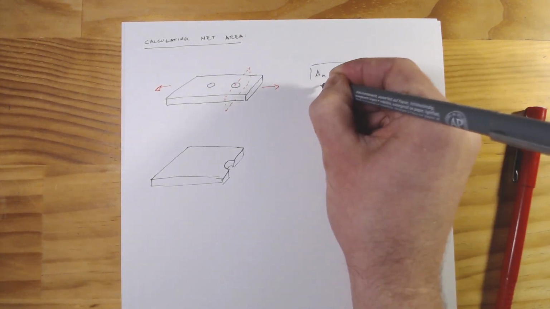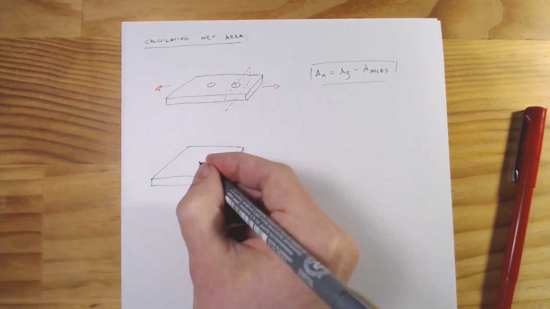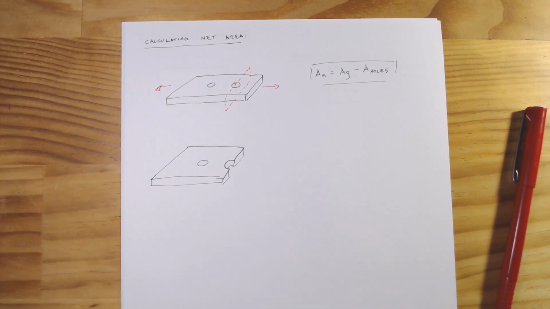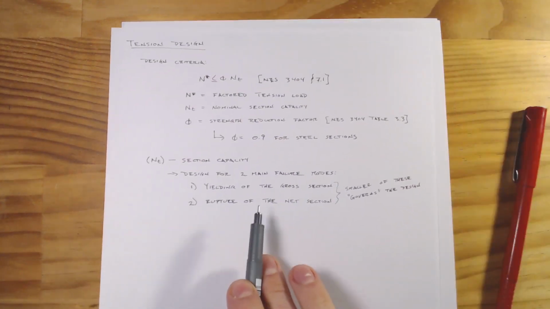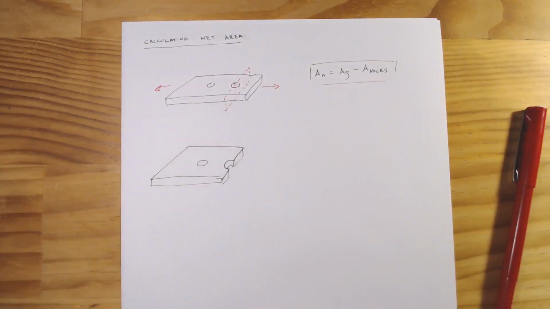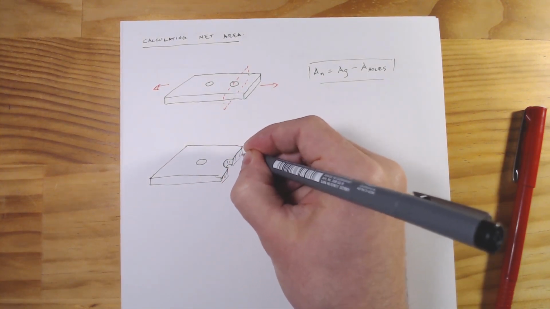As I said, pretty straightforward. And we want to go where it's going to be the smallest section, because if you recall, whatever is going to be the smallest nominal capacity is what's going to govern our design. So we're looking for the smallest net area here. And to do a little bit of shading.